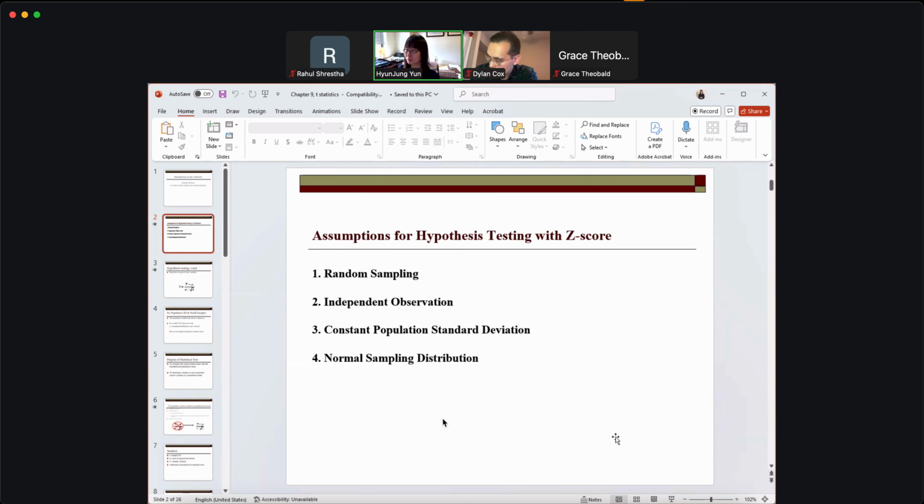For the Z test, we assume it's a random sampling, and those samples are not really related to each other. And we need to fix one value, the standard deviation for the population.